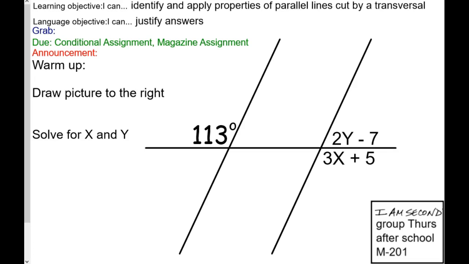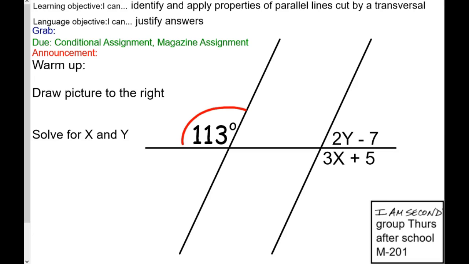Okay. So, if I'm solving for x, I know for sure that this one's 113, right? And x is over here. Now, do you think this angle over here where x is, is it equal or supplementary to this original 113 degrees? Okay.